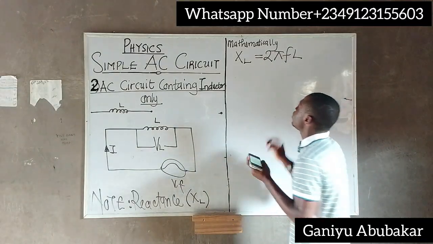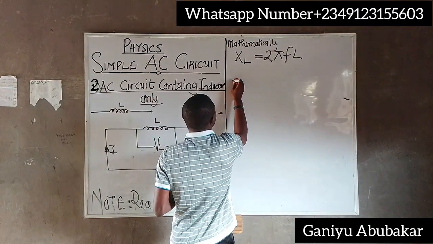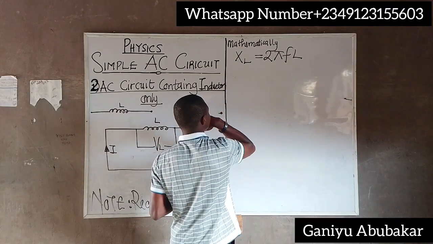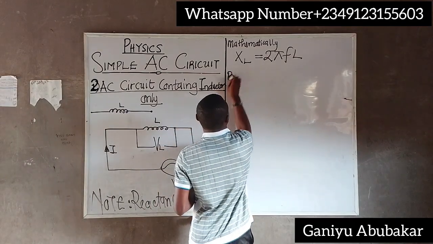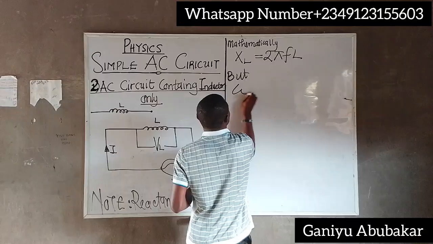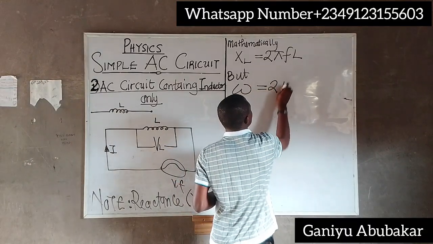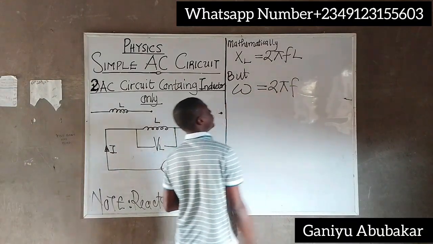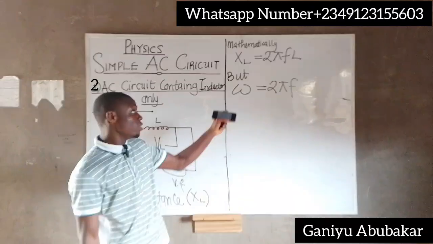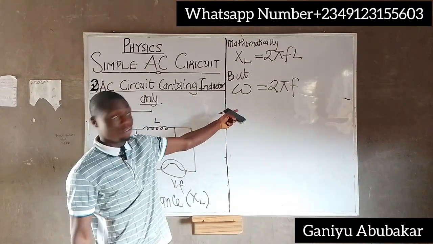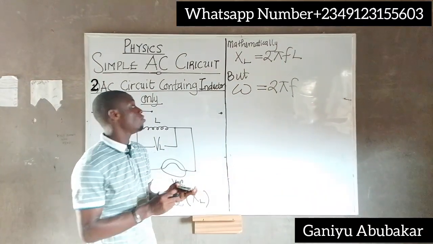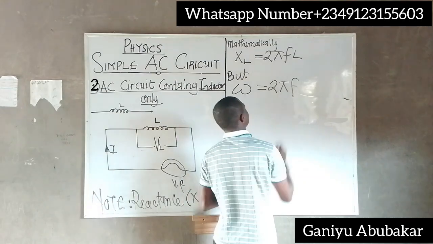In physics, there's what we call angular velocity, that's omega, and we know that omega is equal to 2 pi f. If you did waves, you can recall this formula here. So omega is 2 pi f.